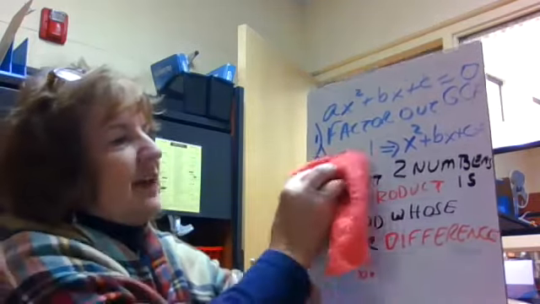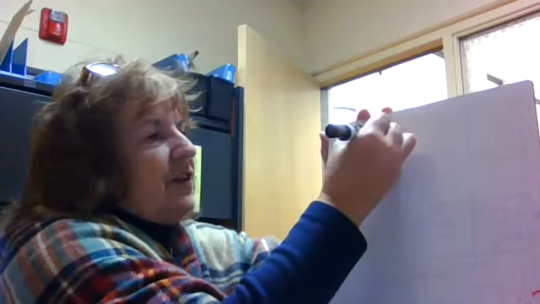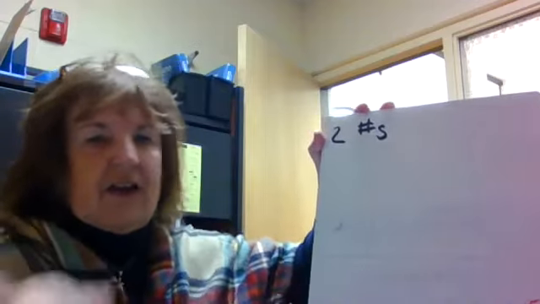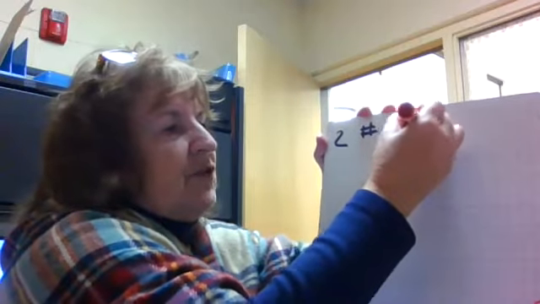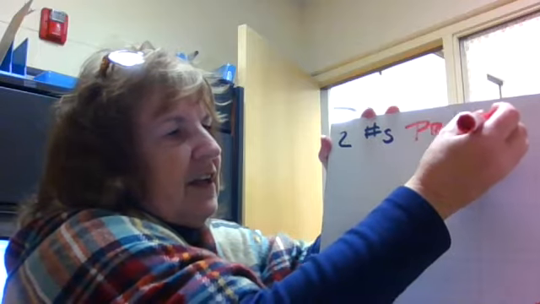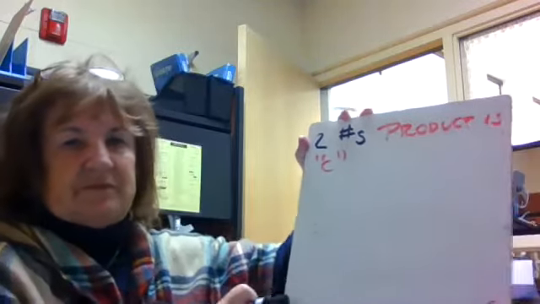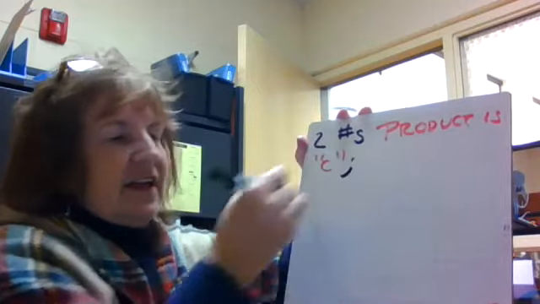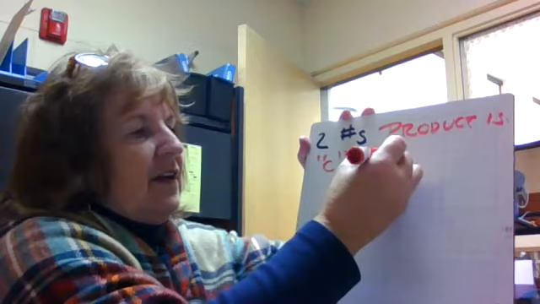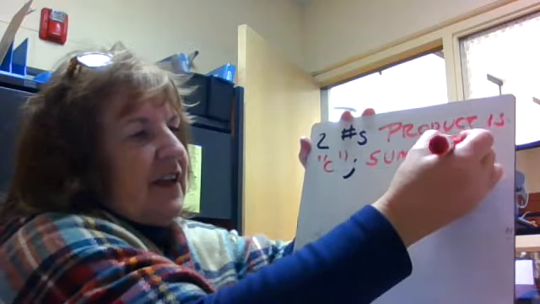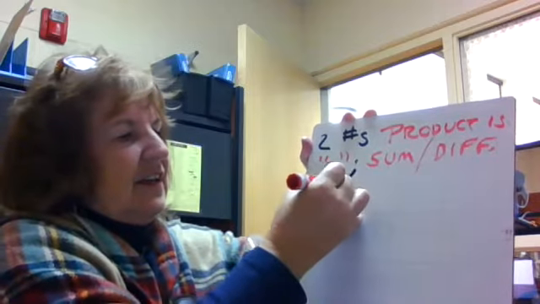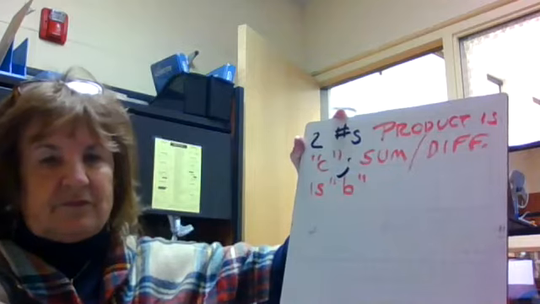So let's look at an example. Now let me put the rule back up at the top to make it a little easier: two numbers, product is C, and then sum or difference is B. So here we go.